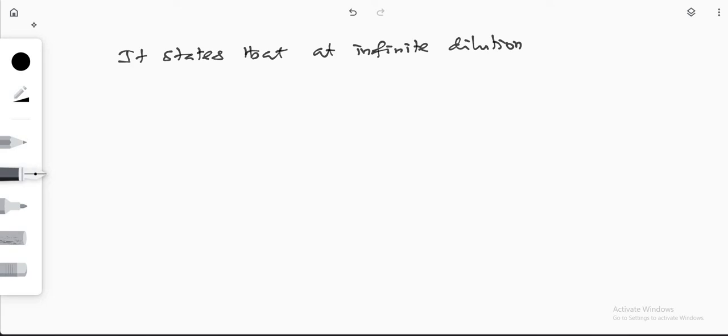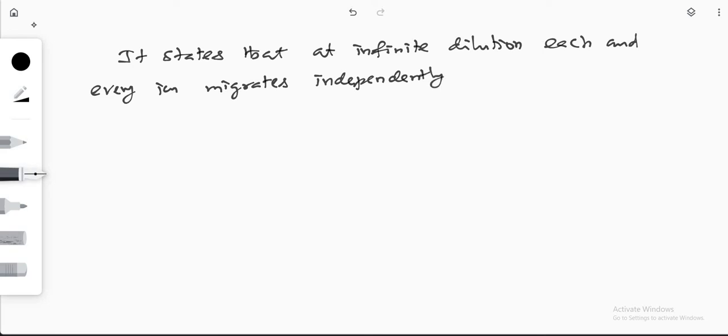So the Kohlrausch law states that at infinite dilution, each and every ion migrates independently. Independently means there is no attraction or repulsion between ions, because the ion distance becomes very large, right?